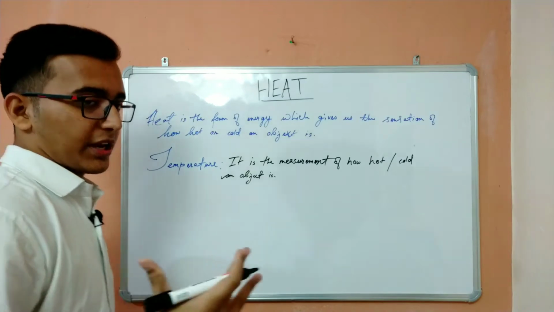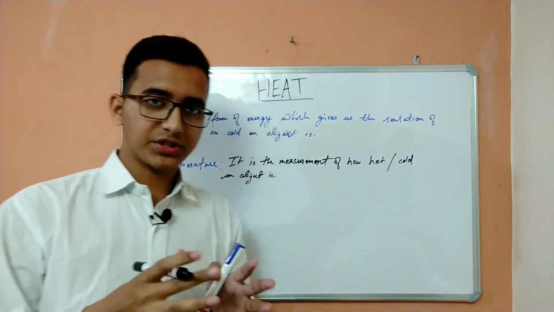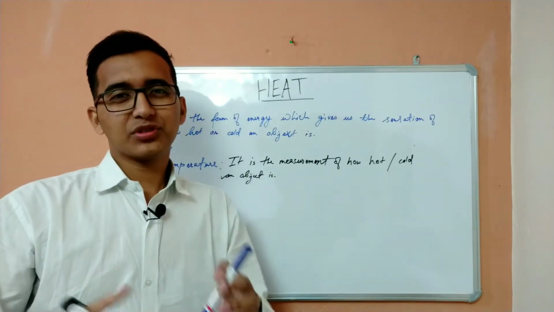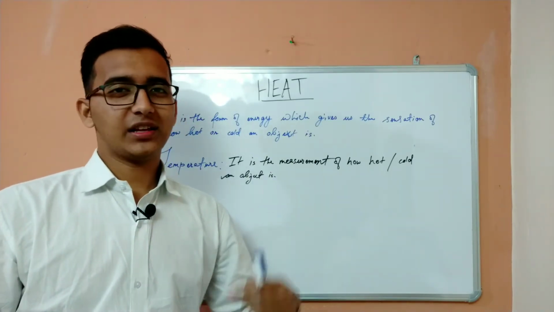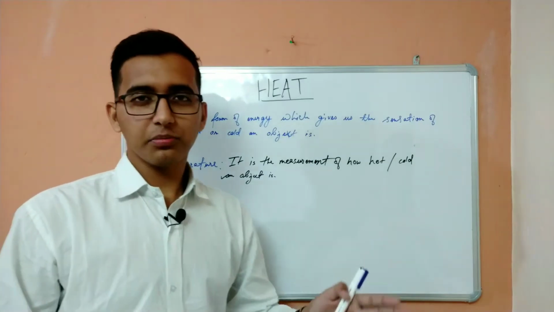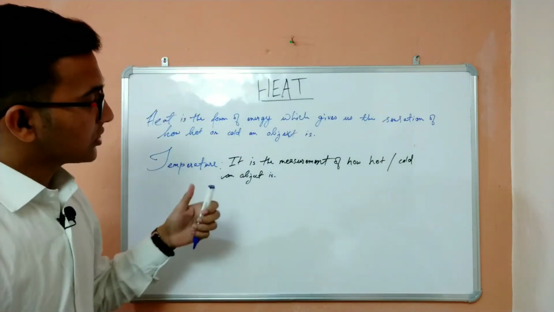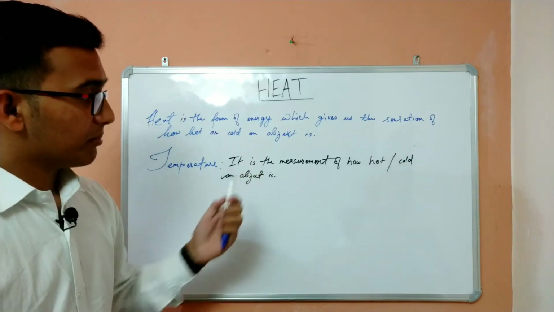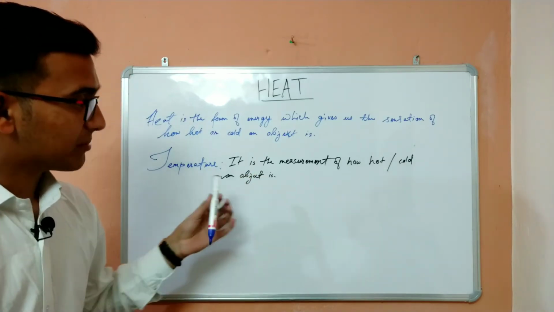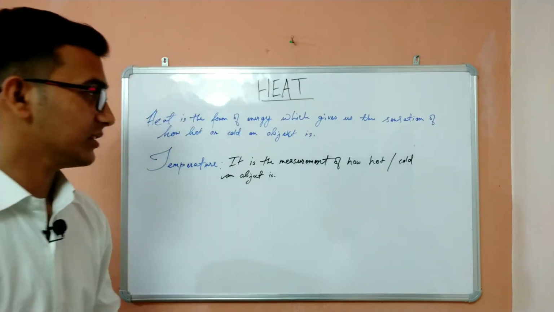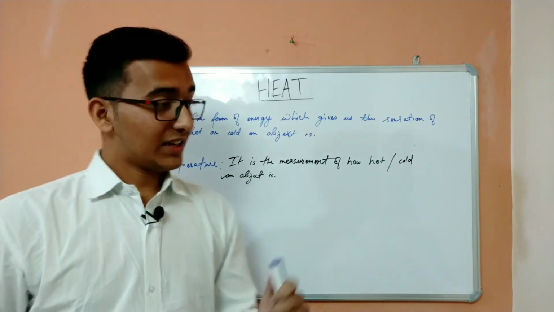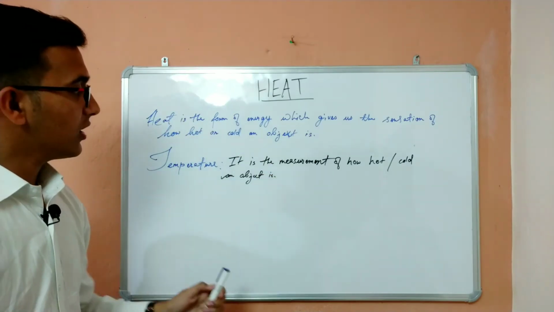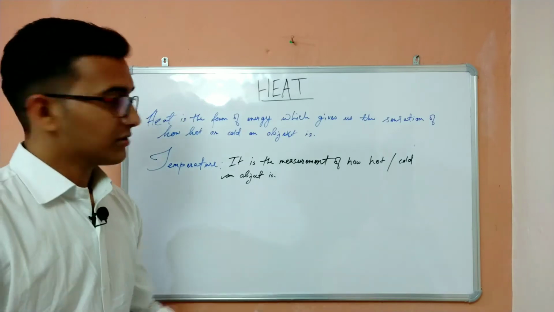So when you are measuring the temperature of how hot or how cold that object is, in terms of Celsius or Fahrenheit or Kelvin scales, the scales could be any, but you are measuring some temperature. So while taking that into consideration, the definition of temperature is that it is the measurement of how hot or cold an object is. You cannot directly say that it is the measurement of heat, because that's a totally different thing. We'll also come to that later on.